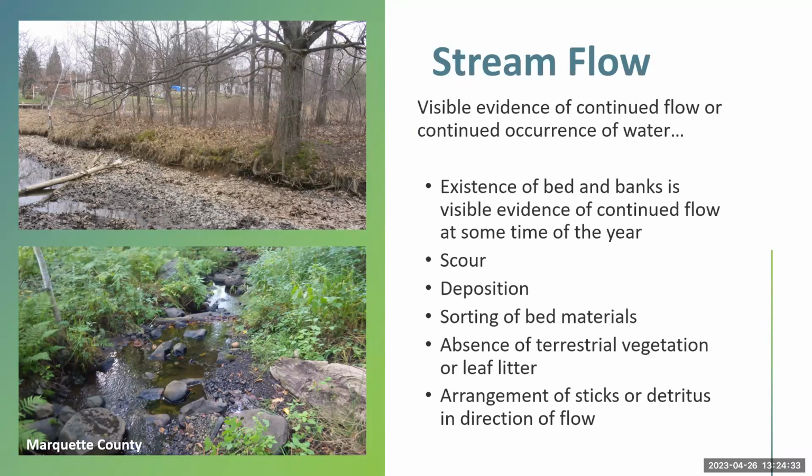Other things that you're looking for are scour and deposition, that sorting of bed materials, the absence of terrestrial vegetation or leaf litter, or the arrangement of sticks and detritus in the direction of flow.